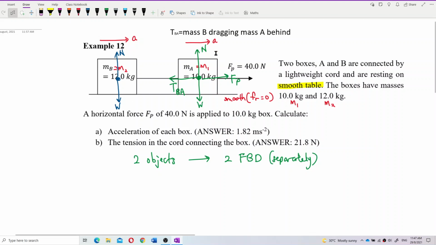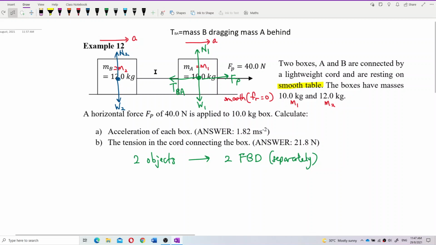You need to identify them with different subscripts. Understand? You need to write W1, W2, N1, and N2. You cannot just write W and N. Okay, and then what other force do you have here for mass B?